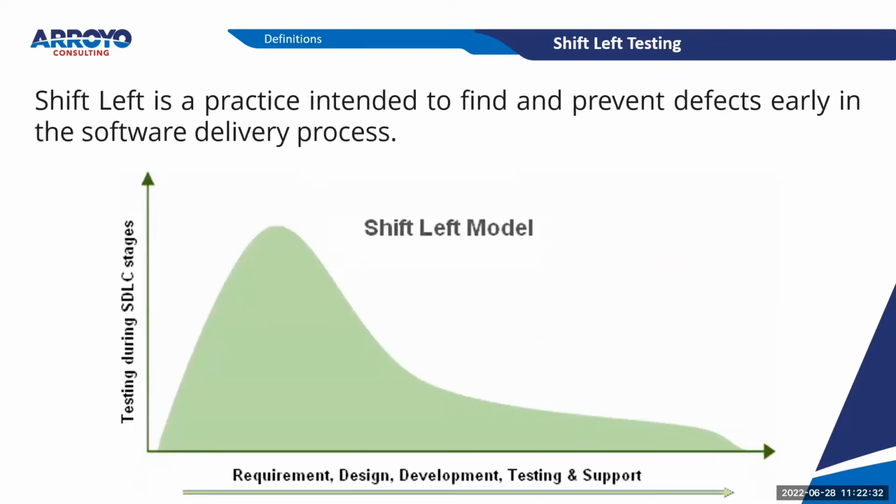The shift left model is different. In this model, we try to execute the maximum amount of testing in the first stages. Executing testing doesn't mean that you have to create code.